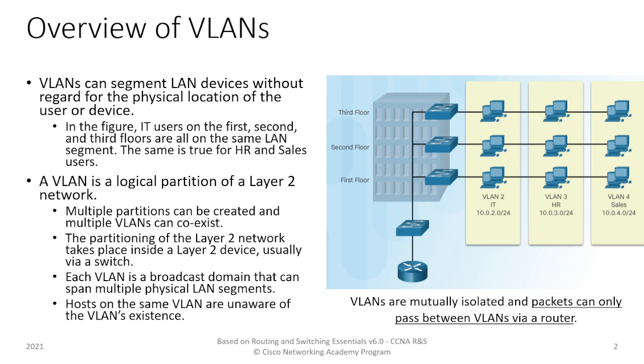The physical LAN segments in this case are each floor. So first floor, second floor, third floor are different physical LAN segments. But if we take VLAN 2, it is something that spans across all these three physical LAN segments. So the broadcast domain for VLAN 2 is going to exist across these three floors of the physical building.